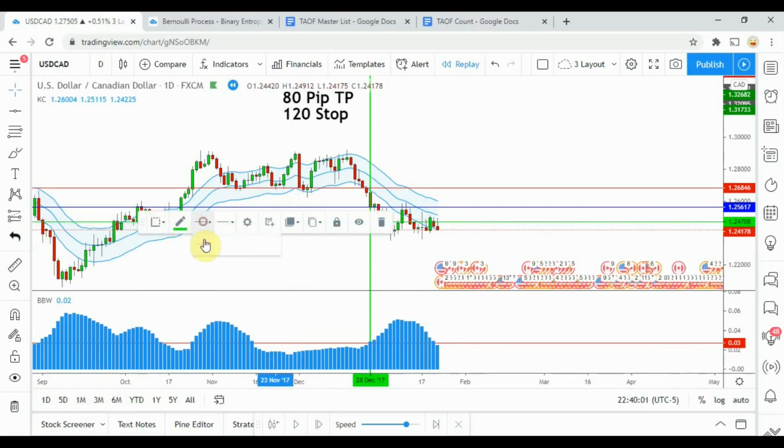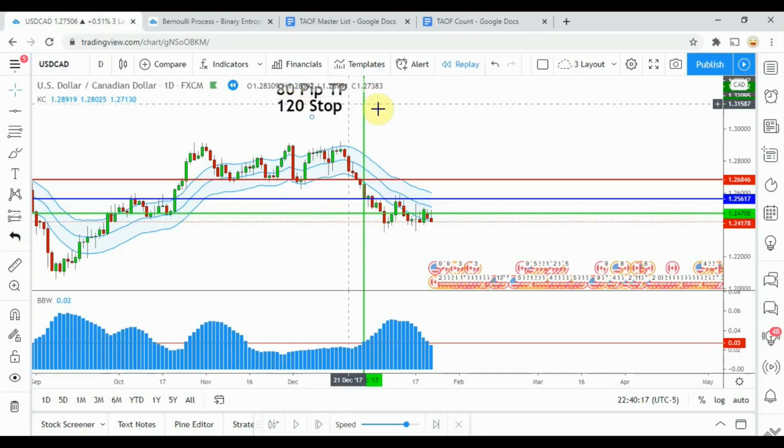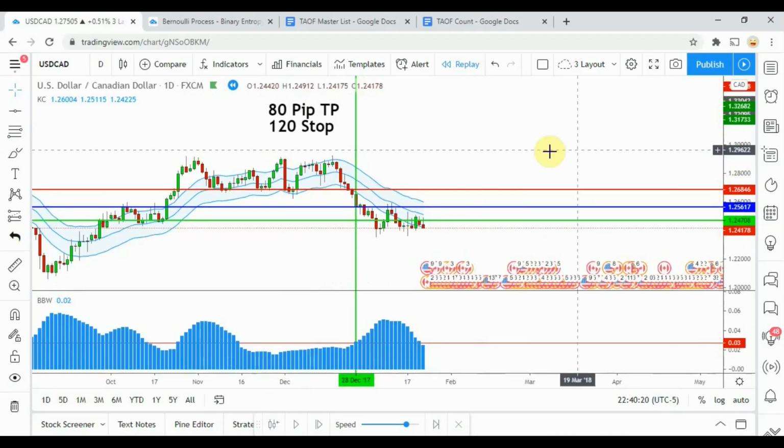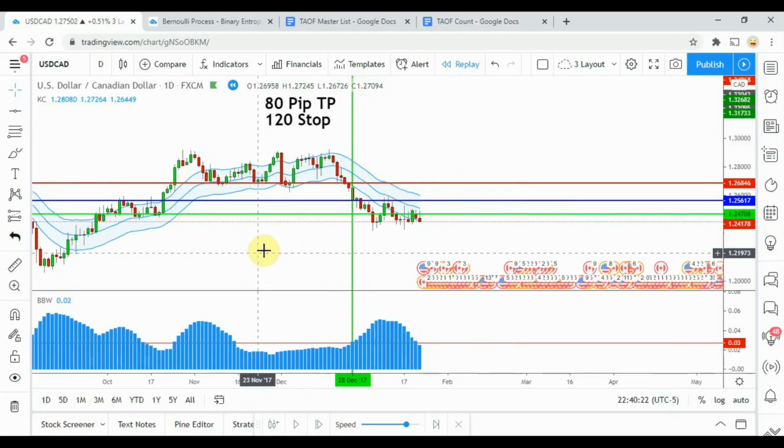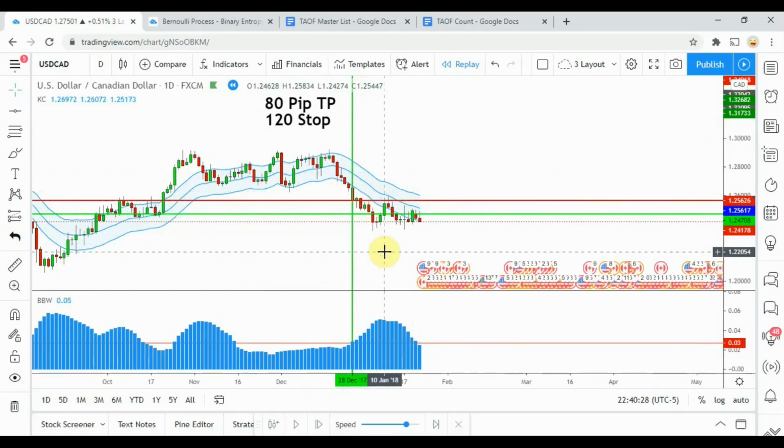So you can see the green line, first take profit, the blue line is our entry, the red line is our stop. We would let this trade ride out, and you see that right down here on this big red candle, we broke our first take profit goal. At that point we would move the stop to break even, right where we entered into the trade.